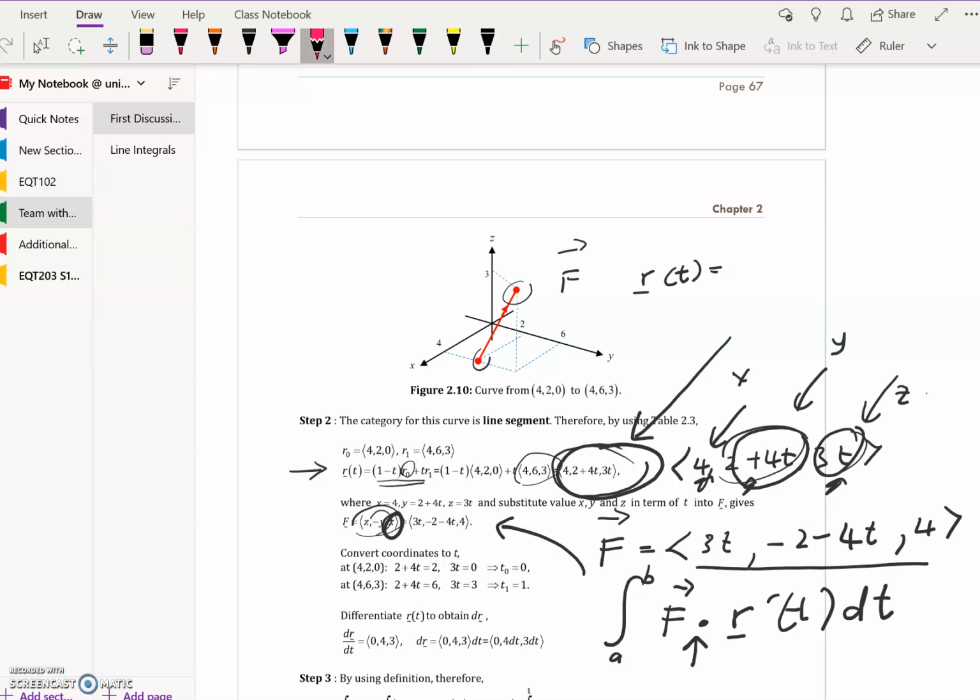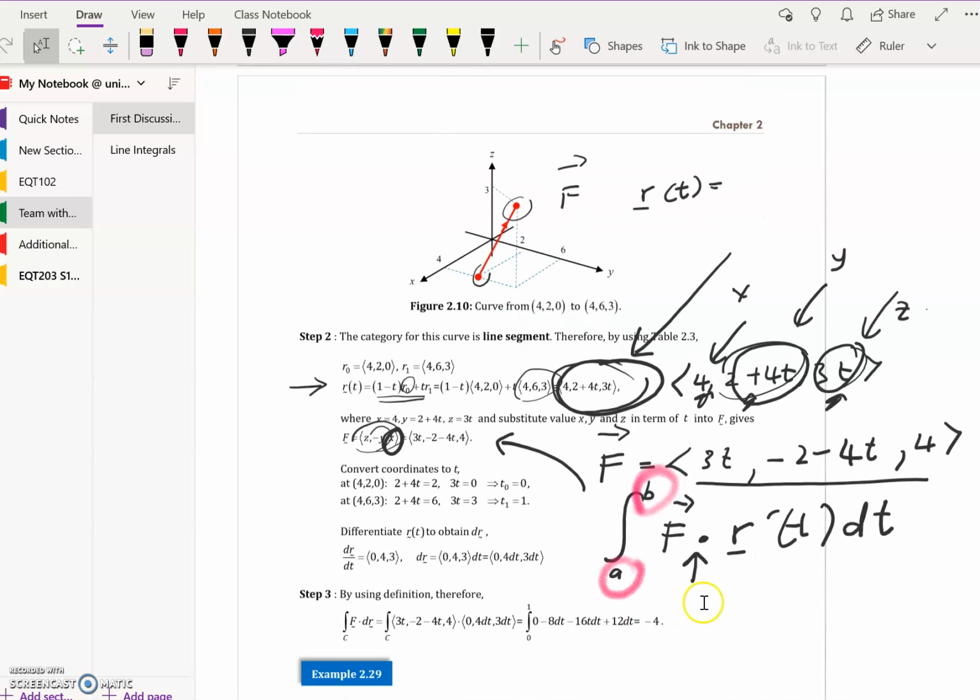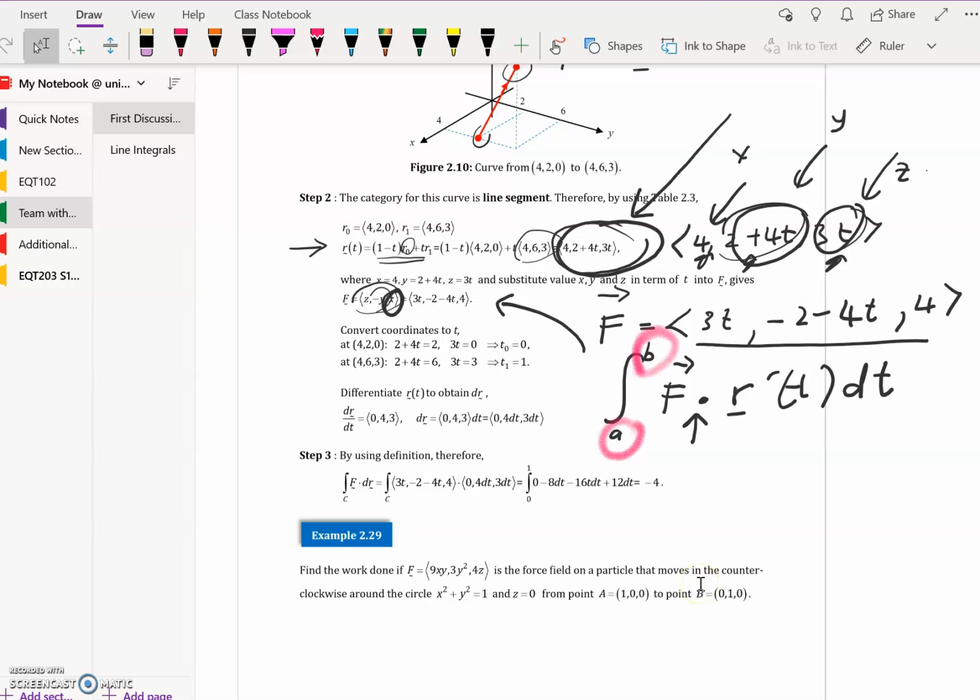The next target is we want to solve for the limits. The same thing as we discussed previously: if you are dealing with the line integral and the parametric equation for the line segment, usually the points from A to B are from 0 to 1, the values of t, because you integrate with respect to t.